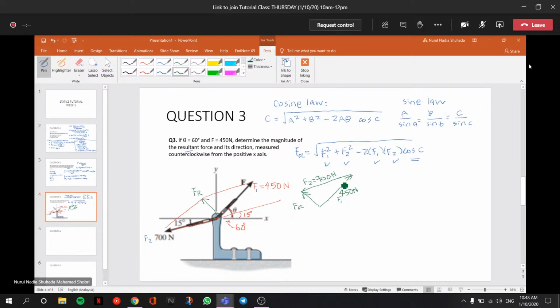Since FR is right here, the angle that we will be searching for is actually here.